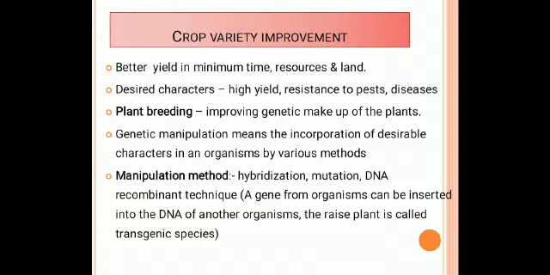The manipulation methods are hybridization, mutation, and the recombinant DNA technique, or rDNA technique. In this technique, a gene from one organism is inserted into the DNA of another organism to raise a plant called a transgenic species. That is rDNA technology.